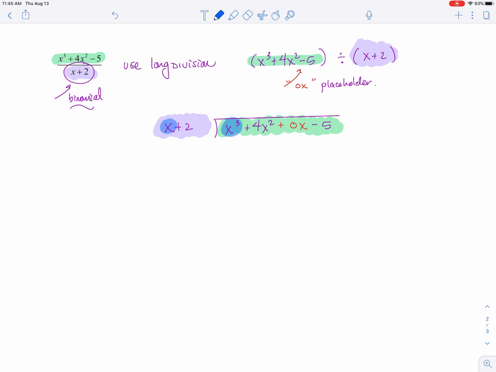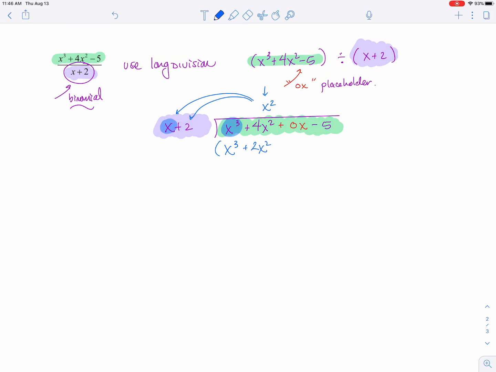Well, the answer to that is x squared, and this is my x squared column. So that's where I'm going to place that value. And then what I'm going to have to do is multiply and distribute by both of these. Now x times x squared gives me x cubed. By design, that's called engineering. We made that happen.